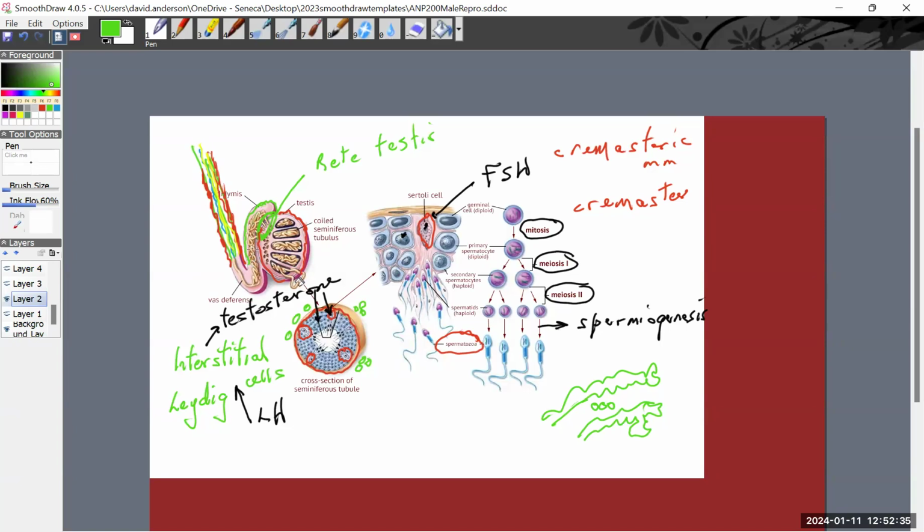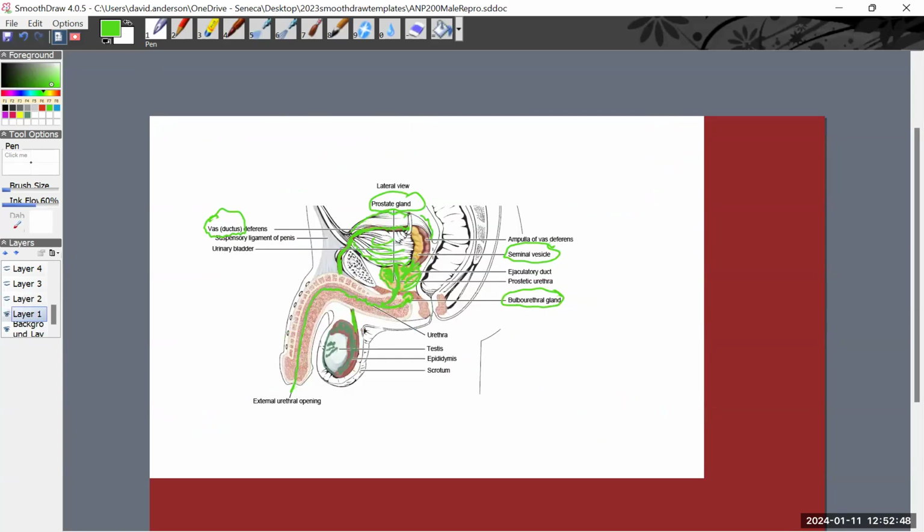Spermatozoa are going to be delivered to the epididymis. From the epididymis, after maturation, they are going to enter the ductus deferens, travel through the ductus deferens, and ultimately, if ejaculation occurs, the spermatozoa will be entered into the female reproductive system for delivery and fertilization possibilities.